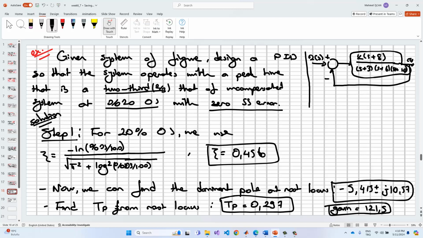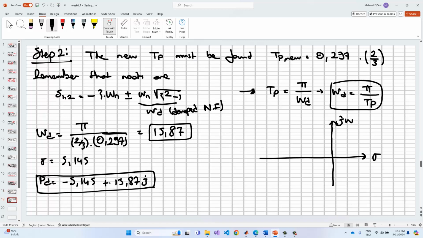But in the previous case, we have the pole at the gain of the 121.5. We have this region, but we must set the new pole in the PD design in here, just like this one. And so in the root locus techniques, we can write the poles in here. This is the open loop poles, and also we have this kind of information.